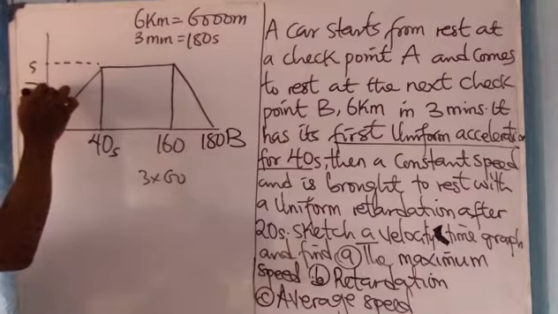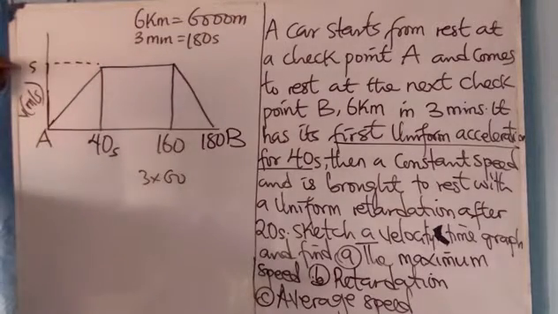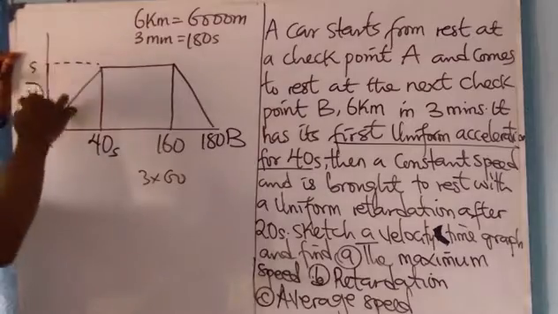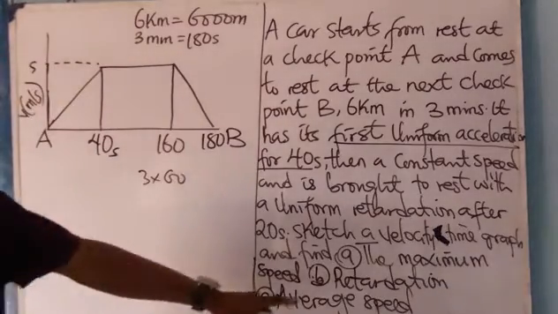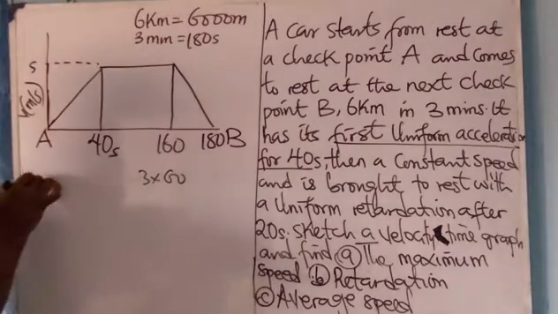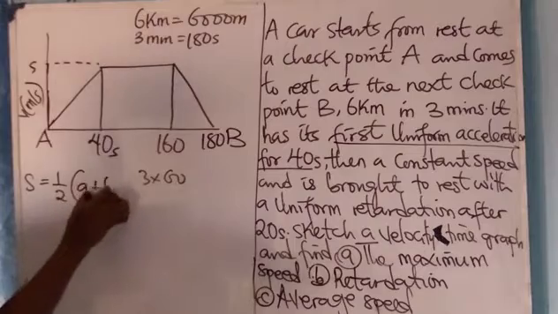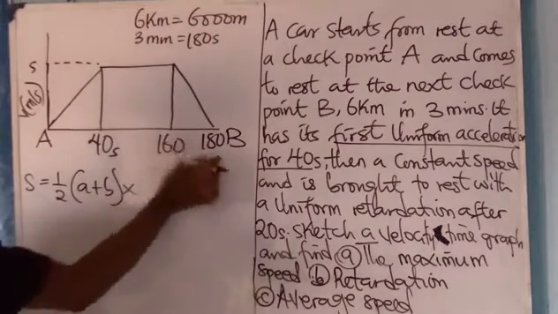So we are calculating for the speed. This place is the speed or velocity. They said calculate the maximum speed. Don't forget, distance is equal to 1 over 2 (a plus b) times height.